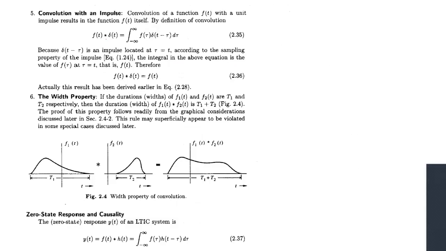This is a beautiful thing called impulse. It's like shifting. Once you convolve with this one, delta of t minus tau is non-zero when t minus tau is 0, and it is 0 otherwise.